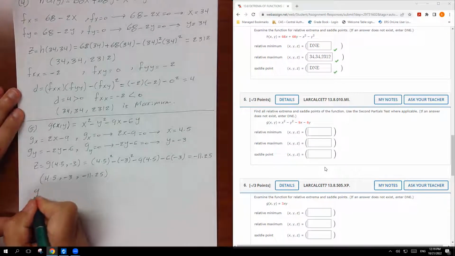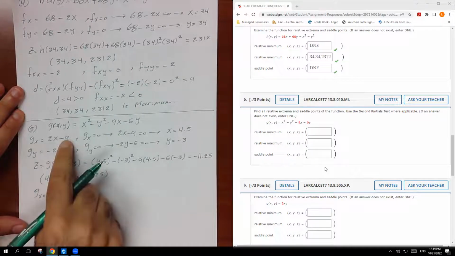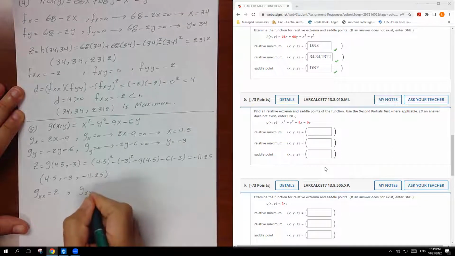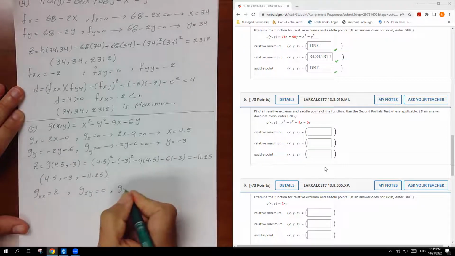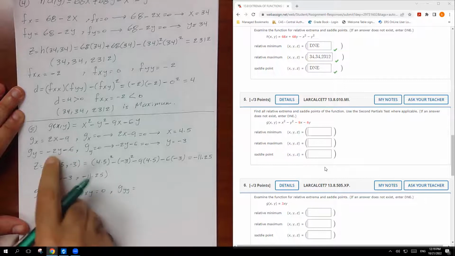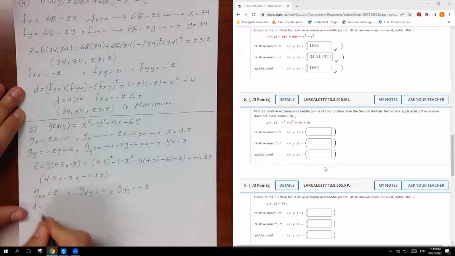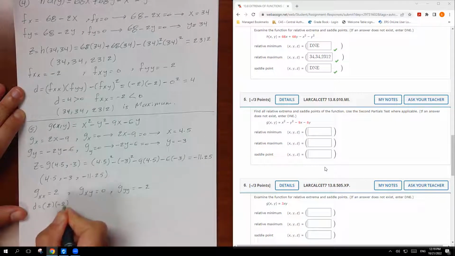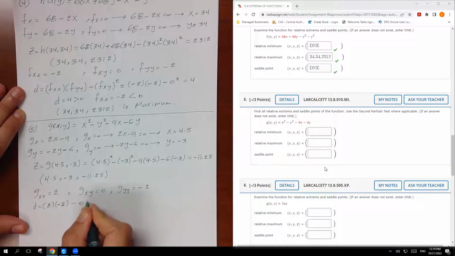Now our next step is to find whether this point is a maximum or minimum. g sub xx is 2, g sub xy is 0, and g sub yy is -2. So D is g sub xx times g sub yy, which is 2 times -2, minus 0 squared.